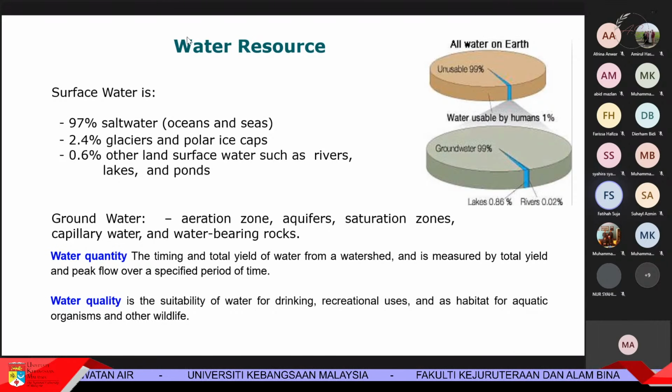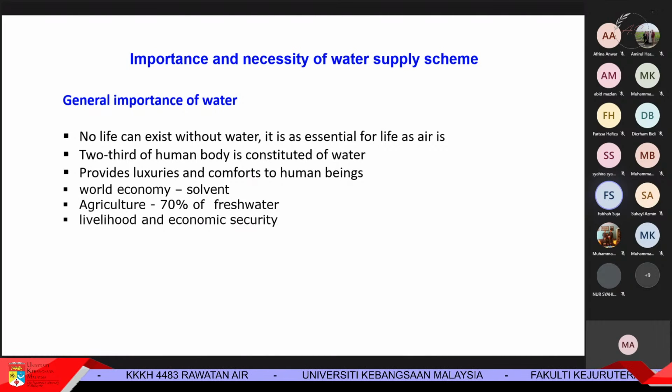Water quality is very important to the world economy, because water plays a very important role as a solvent for a wide variety of chemical substances and facilitates industrial cooling and transportation. Approximately 70% of fresh water is also consumed by agriculture.